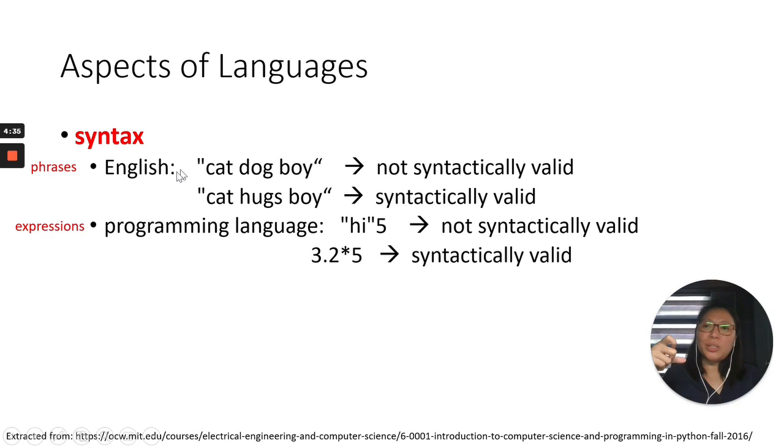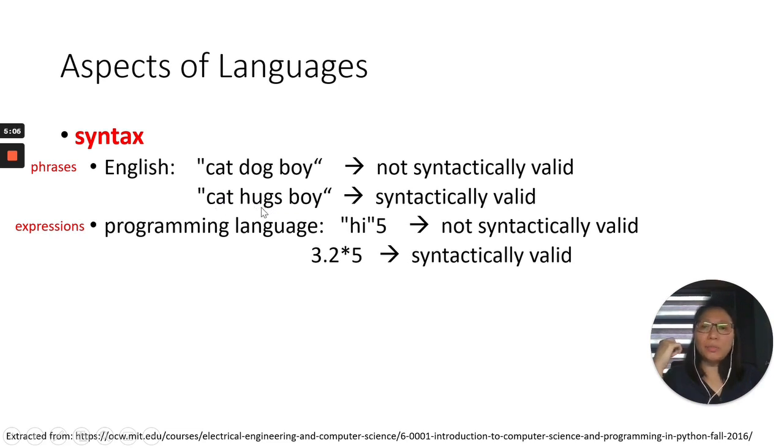In English, we can create phrases. In programming languages, we can create expressions from primitives. For example, in English, we write down cat, dog, boy. This is not syntactically valid. In the second example, cat hugs boy is syntactically valid.